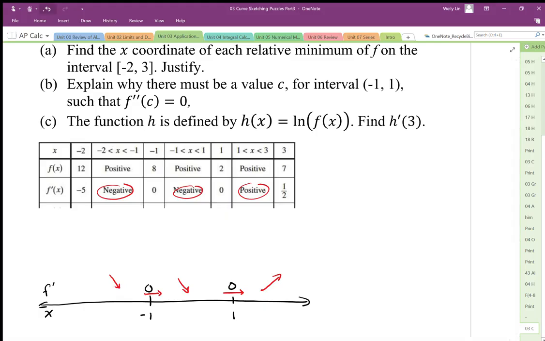So when I look at this function, I can see that it goes like this and like that. So I have a relative minimum at x equals 1. At x equals 1, we have a relative minimum, and the slope chart justifies this.